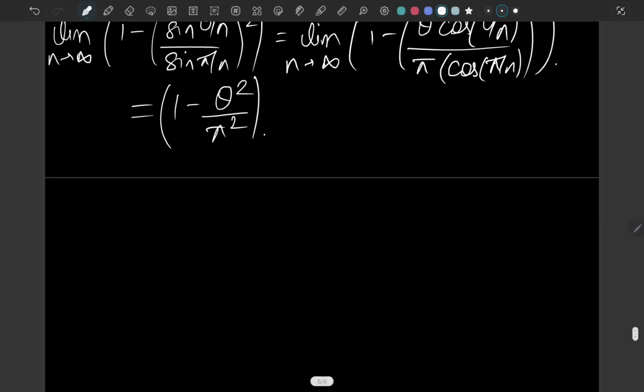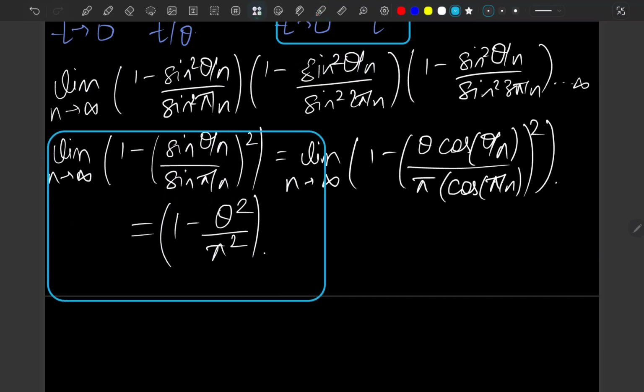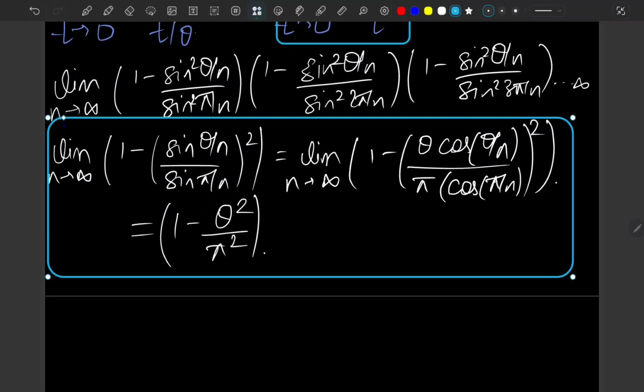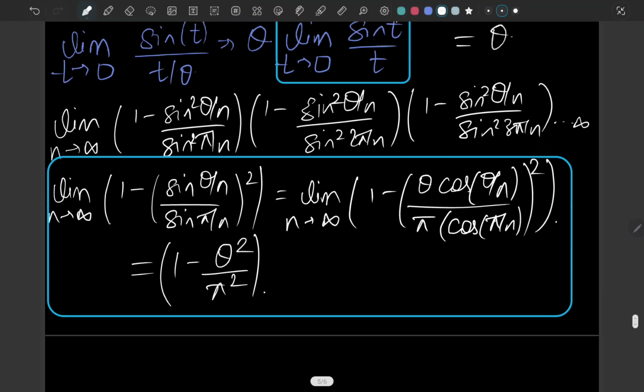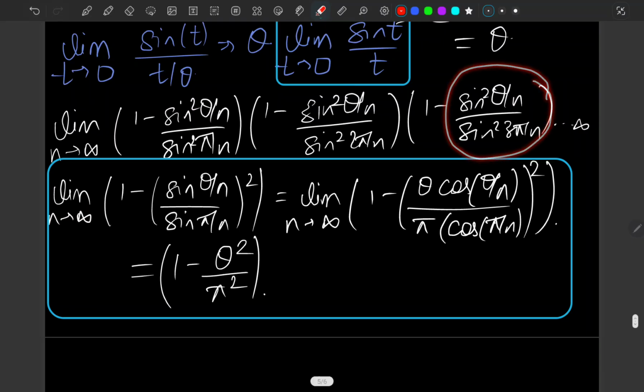If we plug this in for all of them, this is really important to understand in order to get all of them correctly. The next one is theta squared over 2 pi whole squared, and then theta squared over 3 pi whole squared.